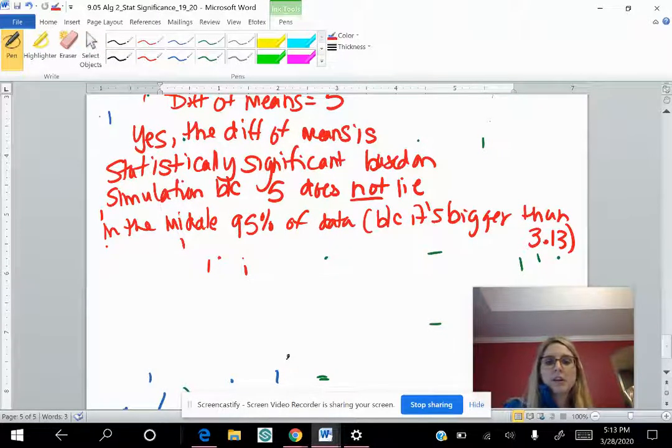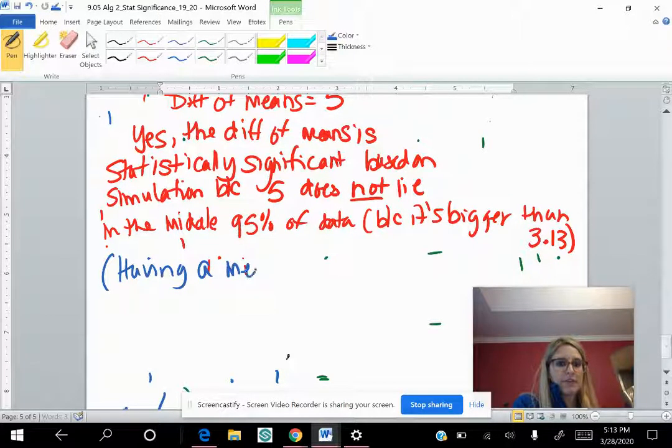And writing what we wrote here is fine, but I just want you guys to understand it, so just giving you a little bit more information. Having a mean difference of 5 would be an unusual occurrence.